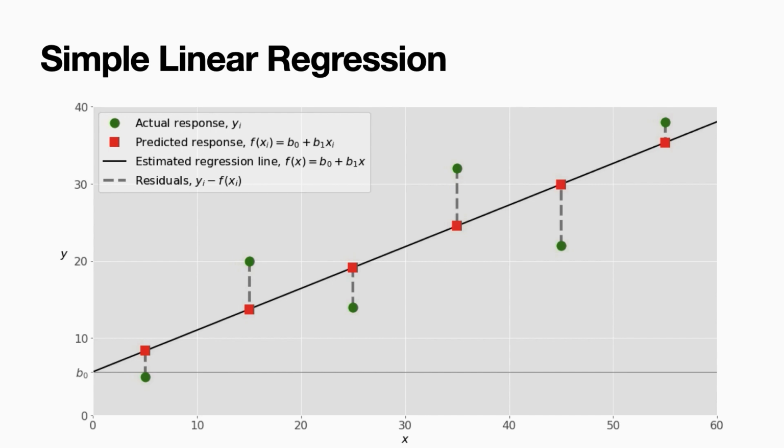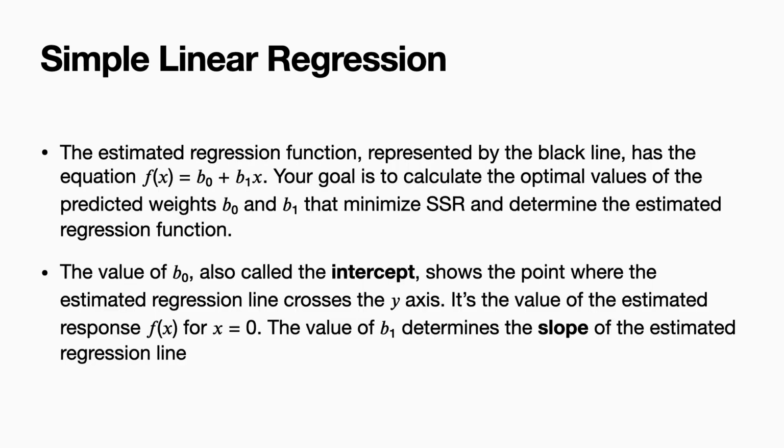These pairs are your observations, shown as green circles in the figure. For example, the leftmost observation has the input x = 5 and the actual output, or response, y = 5. The next one has x = 15 and y = 20, and so on. The estimated regression function, represented by the black line, has the equation f(x) = b0 + b1x.